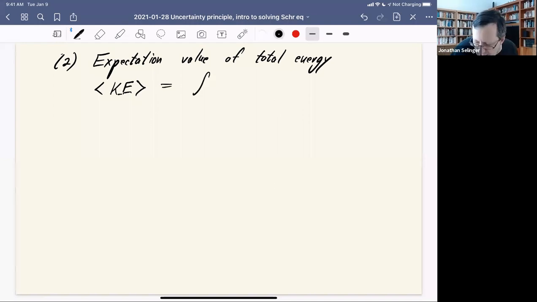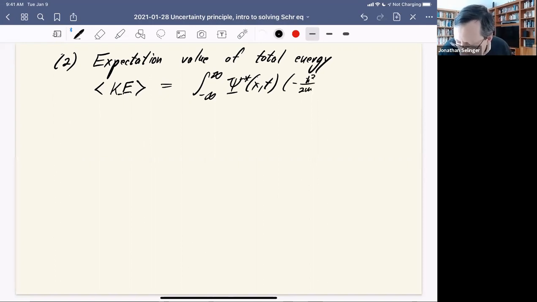That is this integral of psi star of x and t, then minus h bar squared over 2m, second derivative with respect to x, psi of x and t dx.